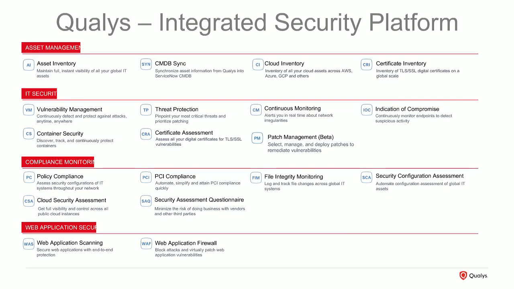At the end of the presentation, I just wanted to show you what Qualys can do. I don't know if you can see that very well. We have moved a lot in the past years. We started from doing vulnerability management, and that's what Qualys is still very well known for.